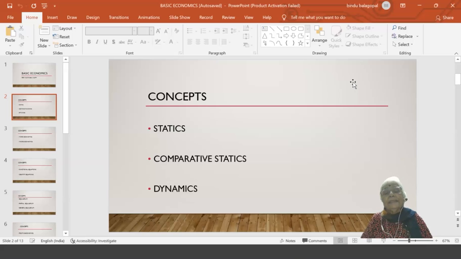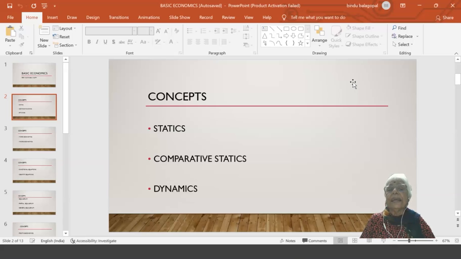So let us start with concepts like statics. Statics does not mean stationary. A lot of analysis of the type of statics is made use of. From one position, certain forces act and you move away from that position, then you come back to that position.